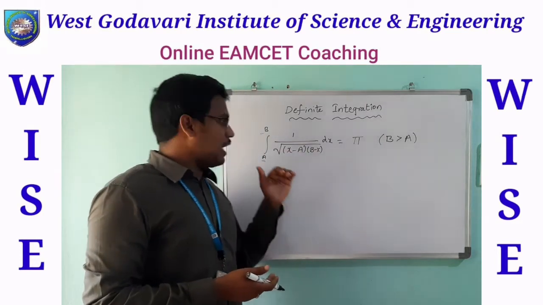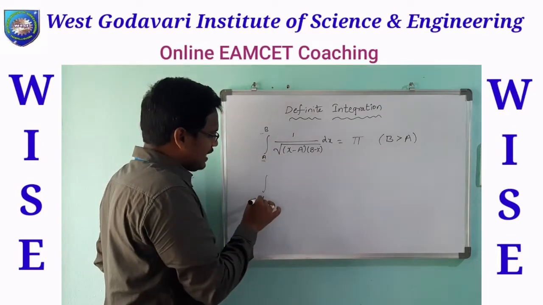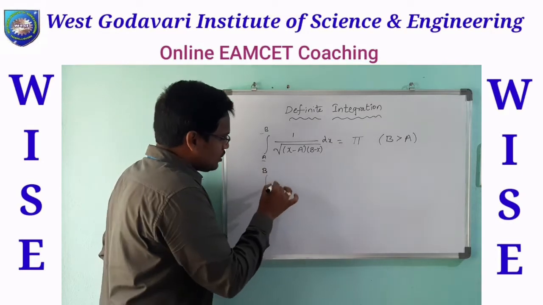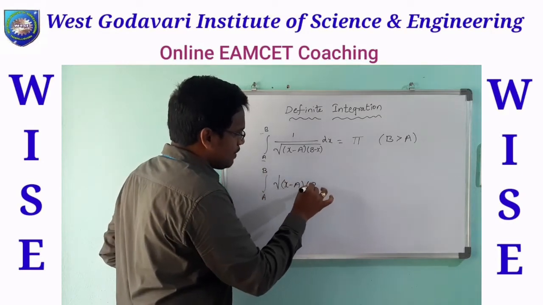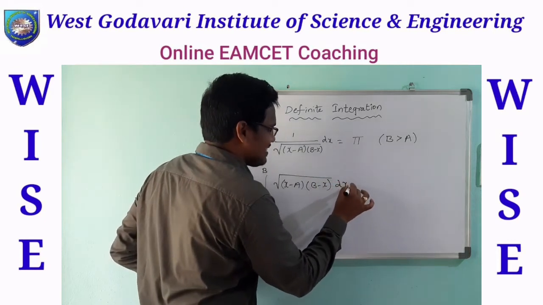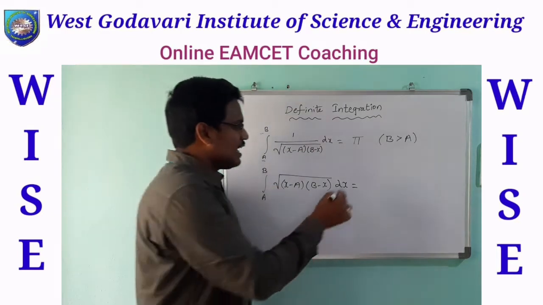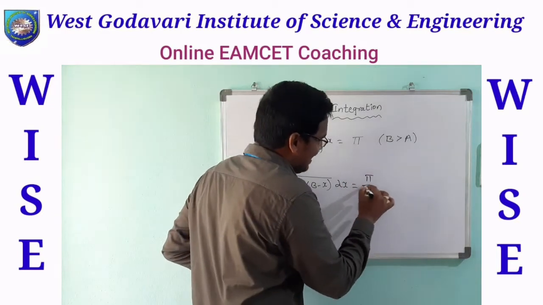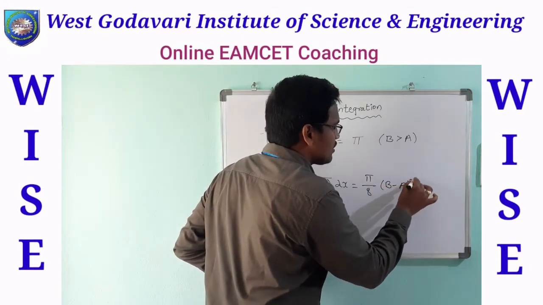Suppose the same term is in the normal form, that is integral a to b square root of x minus a into b minus x dx. Whenever the integration is in this form, then the result becomes pi by 8 into b minus a whole square.